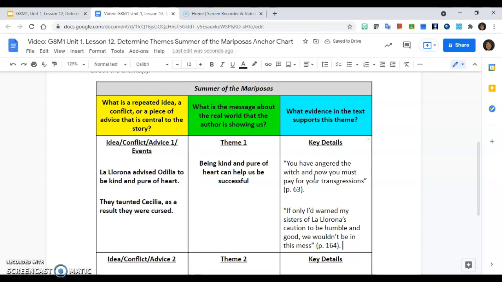Now, your detail could have been the exact moment that La Llorona told her this evidence. It could have been that exact moment where Cecilia cursed the girls, or where she was taunted. It doesn't have to be what I have, but for your anchor chart, you should have the theme, the events, and direct evidence.